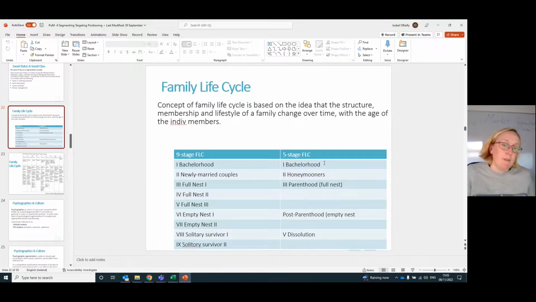So solitary survivor 1 and solitary survivor 2 denote that. Whereas in the old-fashioned system, it was just called dissolution, because as per marriage vows, death separates them.